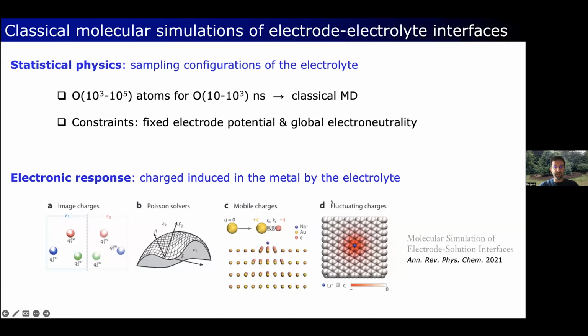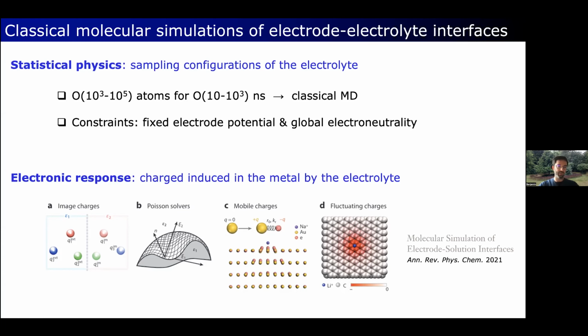And all these methods are used in various contexts to do MD simulations, for example, based on the continuum picture of image charges at the planar interface, where everything that happens on the liquid side with the charges of the ions or the partial charges of the solvent molecules. So from the electrostatic point of view, you can predict what happens on the liquid side by assuming that you have image charges on the solid side, with a magnitude that depends on the two permittivities inside and outside the solid.